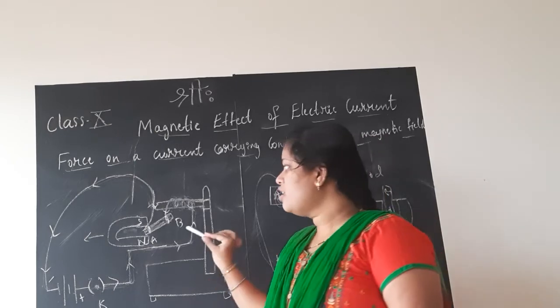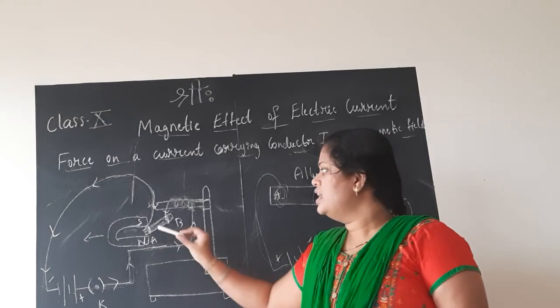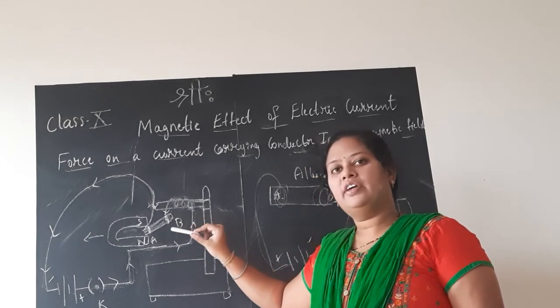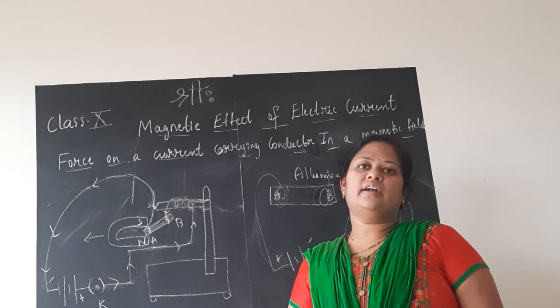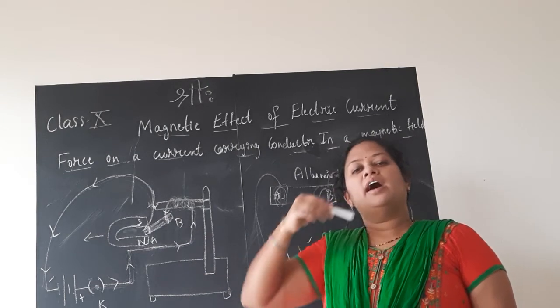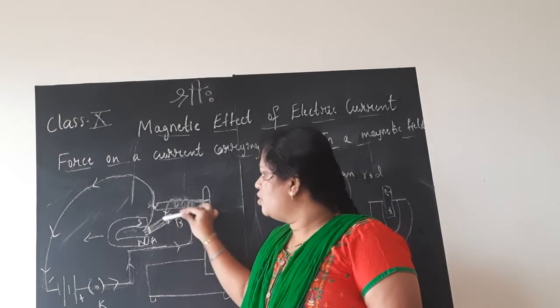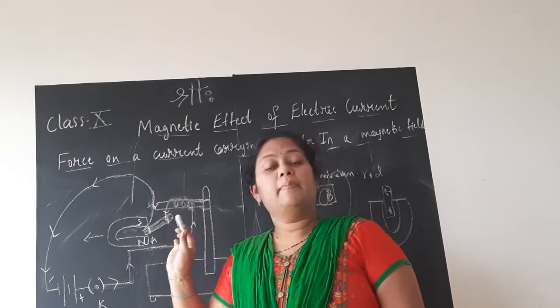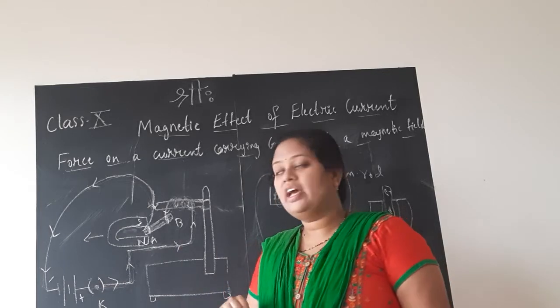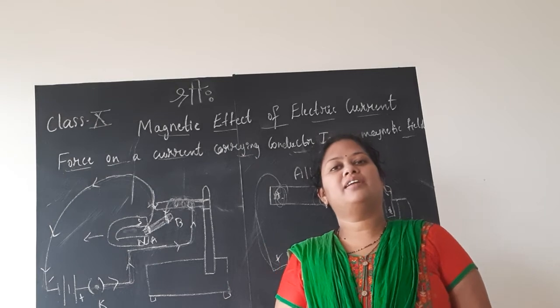Now, we all know that any current carrying conductor produces a magnetic field. The aluminium rod AB is the conductor we are using here. So, when current is passed through the aluminium rod, it should produce a magnetic field around it. Correct? But what extra thing we have is that we have placed this current carrying conductor inside the horseshoe magnet.